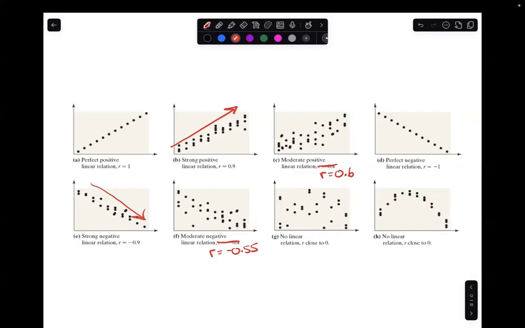I would say G is probably closer to zero because see this part right here, I can almost get a line. There's really no way to get any kind of line on H. So I would say H is probably farther away from zero. So G is probably closer to zero than H. It's kind of hard to say, but that would be my guess.